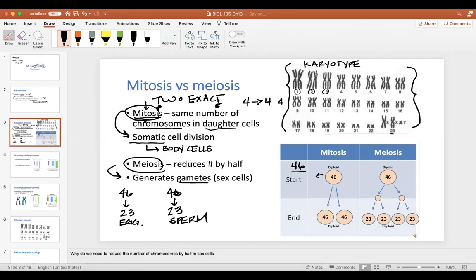Now, if we have a fertilization event between this egg and this sperm, we restore the original number of 46 chromosomes. Half your chromosomes came from mom and half your chromosomes came from dad, right? All that makes sense now, doesn't it? So the reason that we need meiosis as a process is because meiosis is a reductional division.